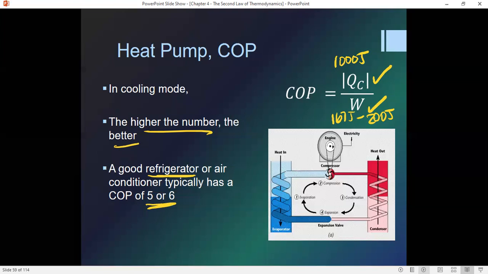Anytime you have a coefficient of performance greater than 1, you're moving more heat than the amount of energy required. But you have to remember here, this is still conserving energy.